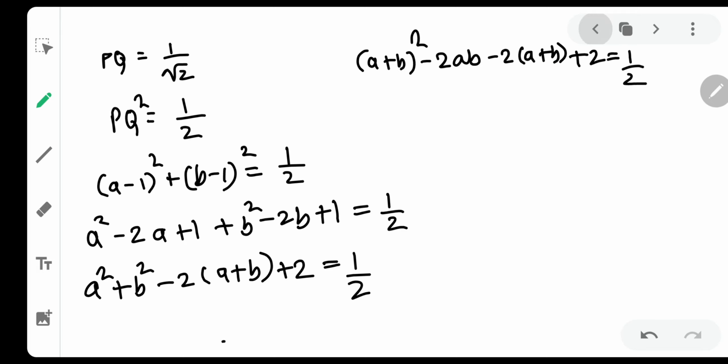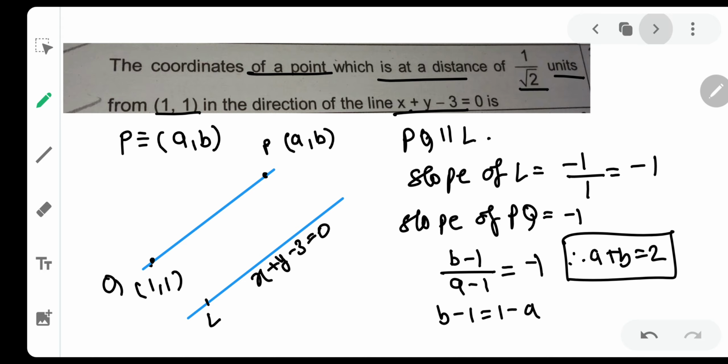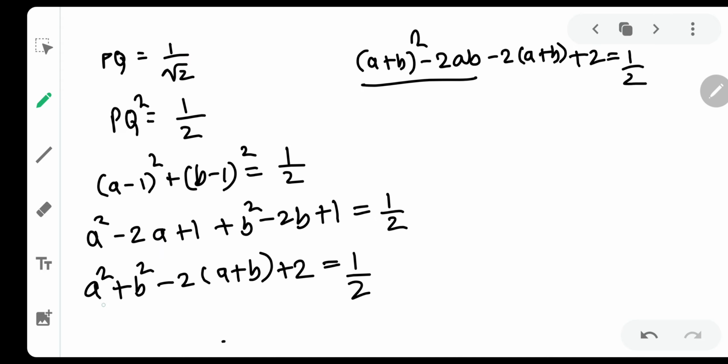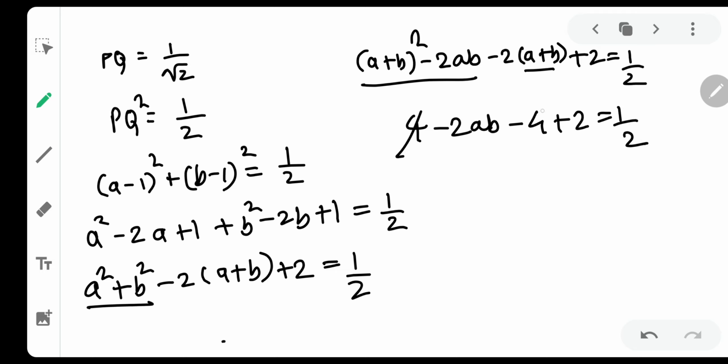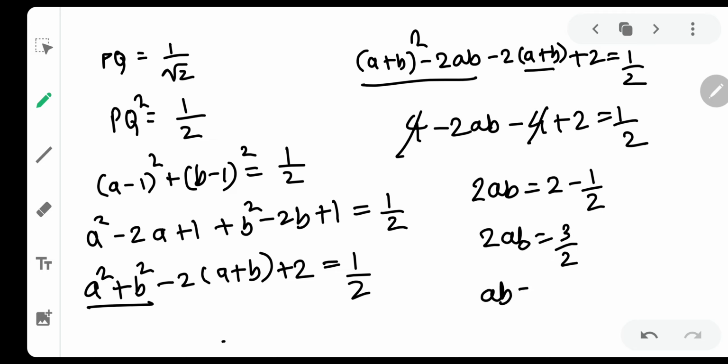Now instead of A + B we will put 2. Okay, this is the expansion of A^2 + B^2. So 2 square will be 4, 4 - 2AB - 2 into 2 will be 4 + 2 equal to half. So 4 gone, and we have 2AB is equal to 2 minus half. So basically we have 2AB is equal to 3 by 2. So therefore AB is equal to 3 by 4.